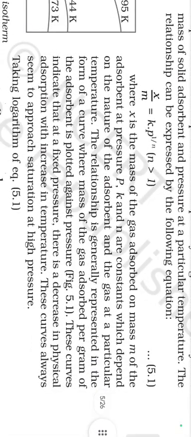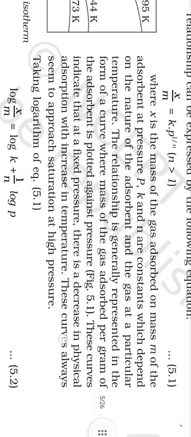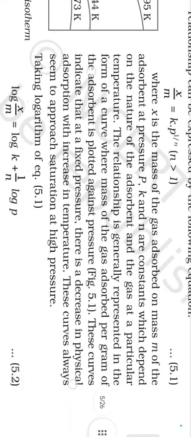x/m = k·P^(1/n), where n > 1. Equation 5.1, where x is the mass of the gas adsorbed on mass m of the adsorbent at pressure P. k and n are constants which depend on the nature of adsorbent and the gas at a particular temperature.